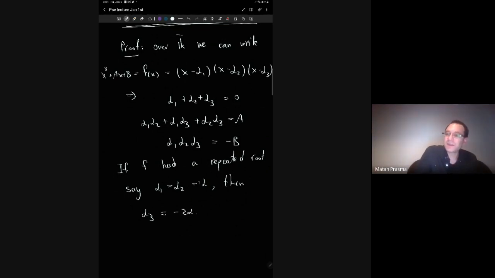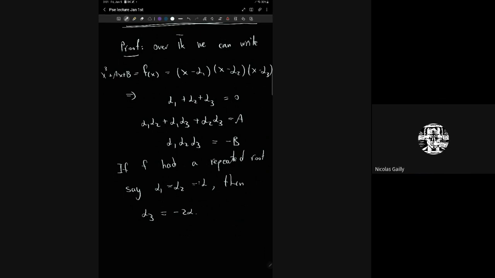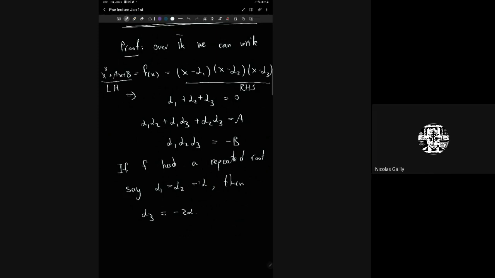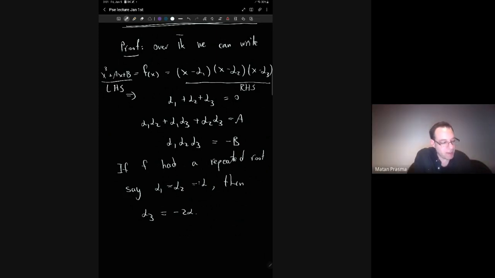Sorry, maybe I missed this step. How do you come to thinking alpha 1 plus alpha 2 plus alpha 3 equals 0? I don't see the link between the line before and this one. I have the right-hand side, and I know that it must be equal to the left-hand side. Yep. So I open up the right-hand side, and this is an equation of two polynomials.